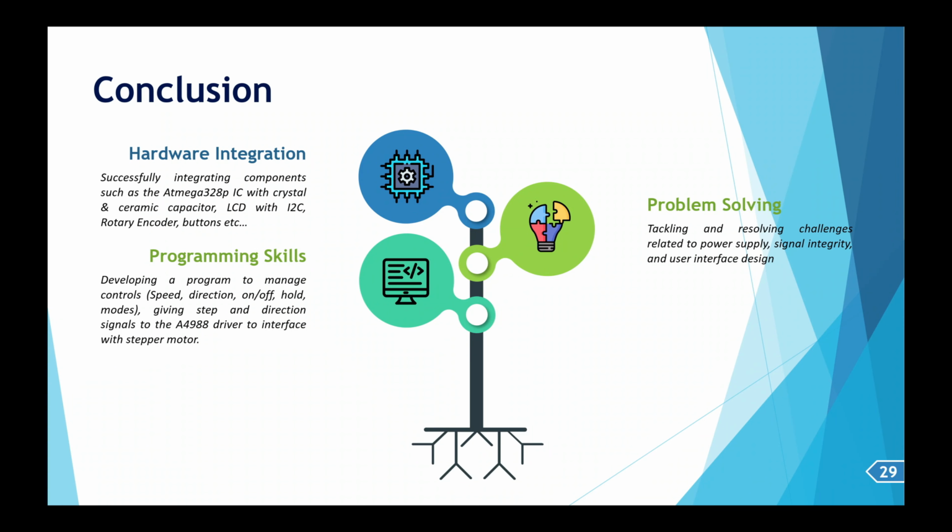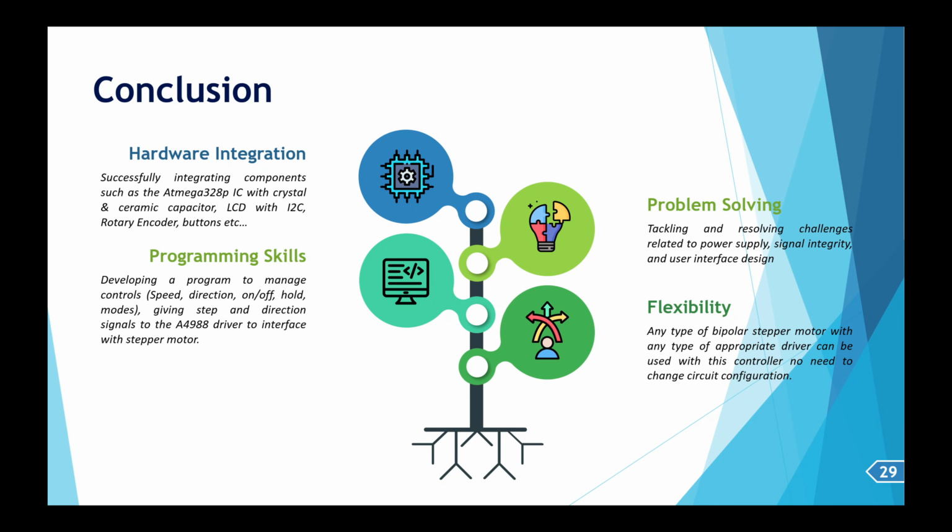So our problem solving skill has increased a little bit. Third is programming skills. Here we have used only C++ programming, and during programming I have made some mistakes also, so our programming skills have also increased. Now the fourth one is flexibility. As I have already told, our stepper motor controller is not bound to the NEMA 17 stepper motor.